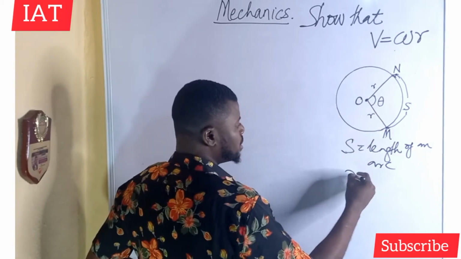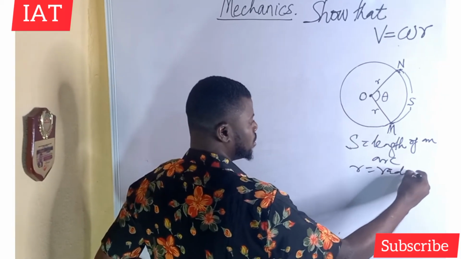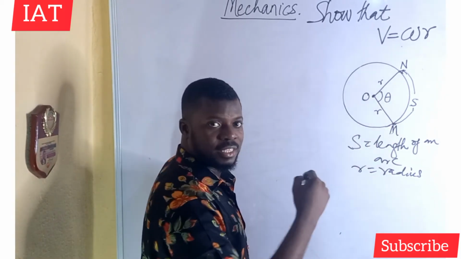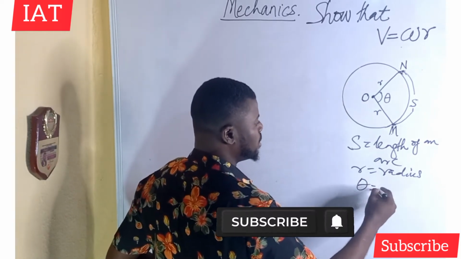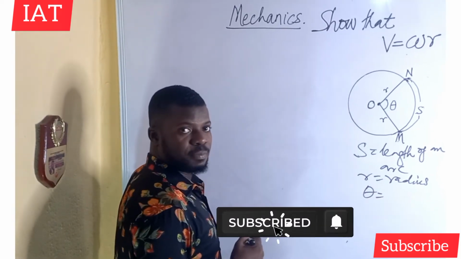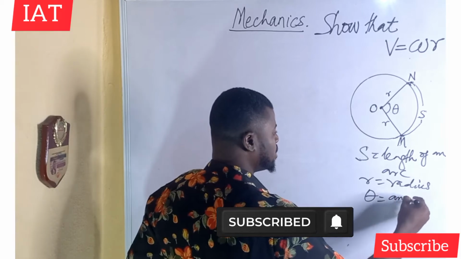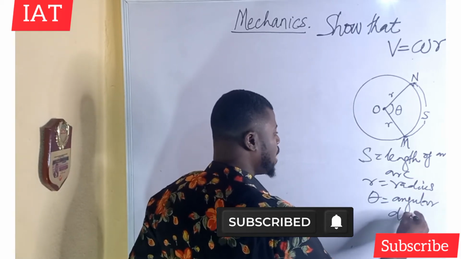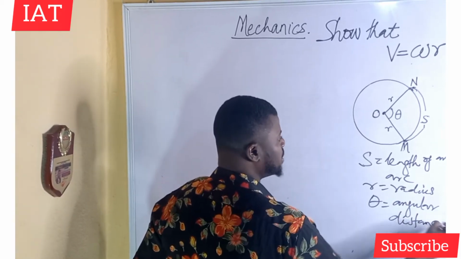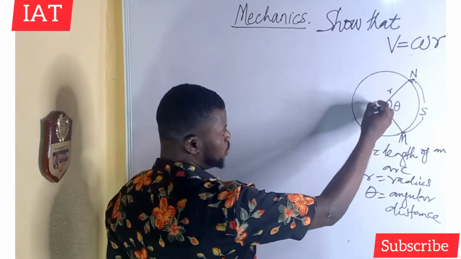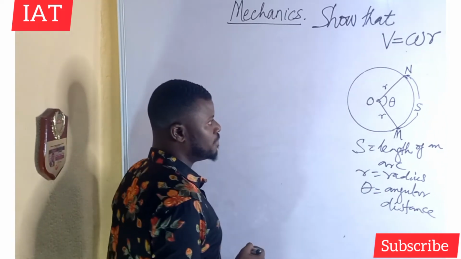Then r here is the radius. And finally, this theta is what we call the angular displacement. Now I have explained these parameters. This is point O, which is the center of the circle.